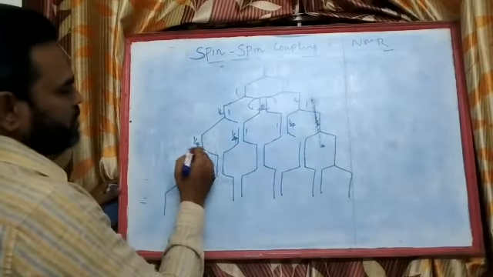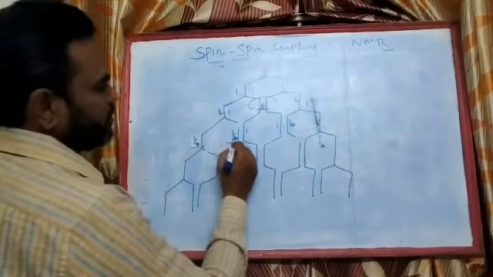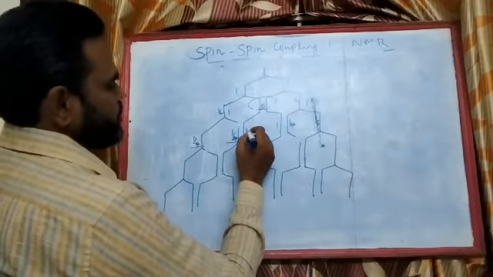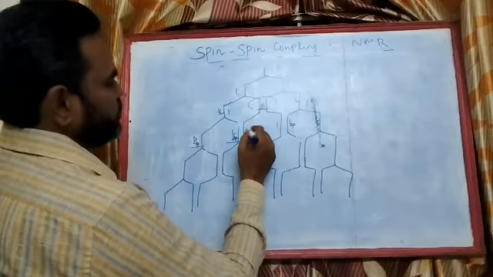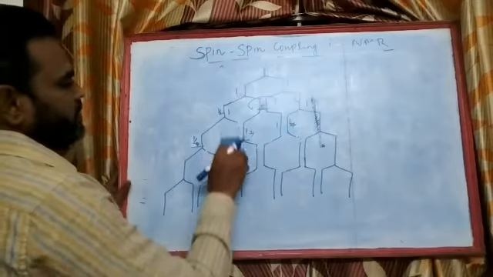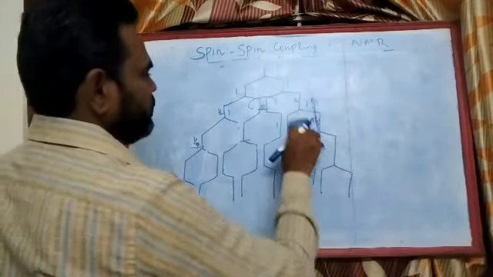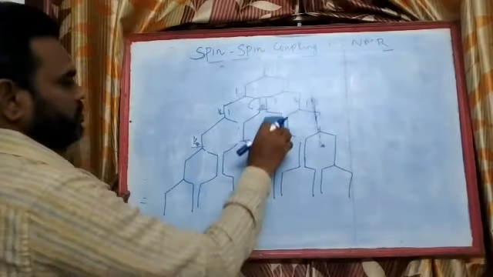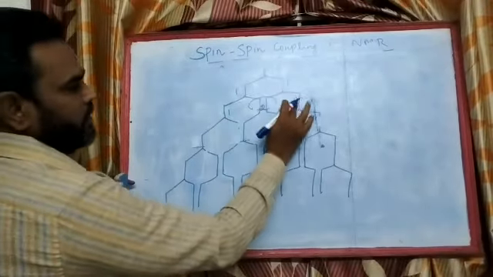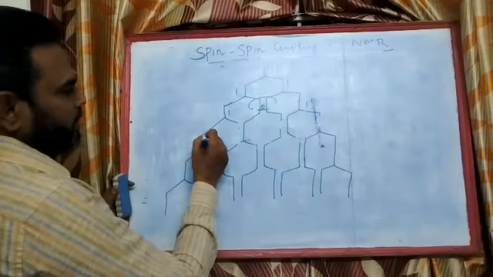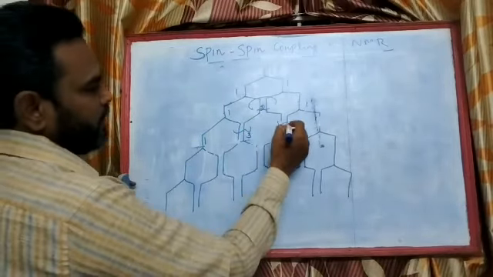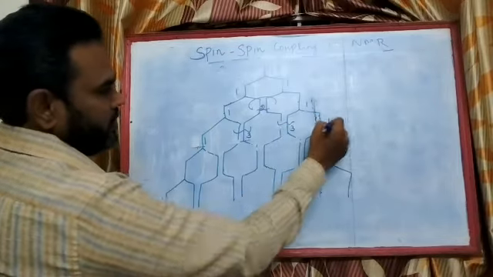So now I will find this 1 and 2 plus 1 is 3, and 2 plus 1 is 3, and again 1.